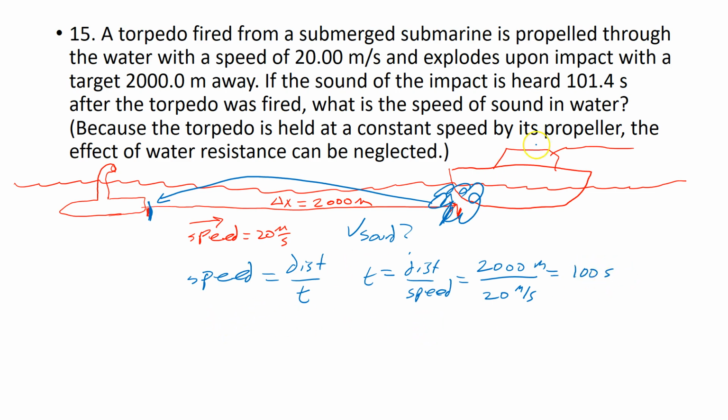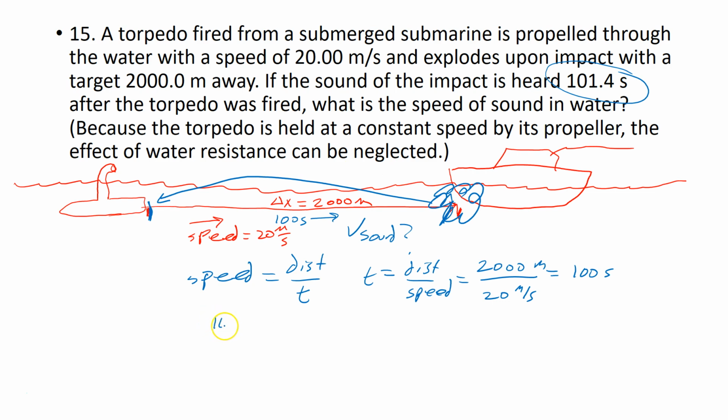The total time is 101.4 seconds. So they fire it, it takes 100 seconds for the torpedo to move this way, and then it takes a while for them to finally hear the sound of the boom come back to the submarine.